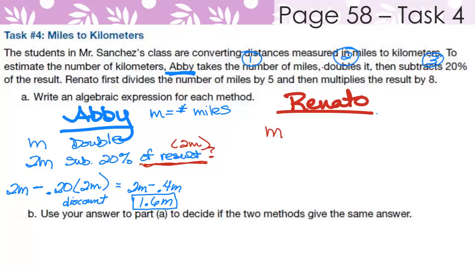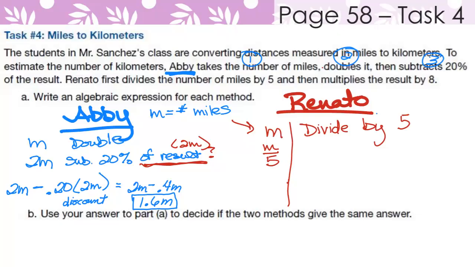So we're starting with M number of miles, and he divides the number of miles by 5. So divide by 5. What is that going to look like? M divided by 5. I know, that's really, really sharp, huh?